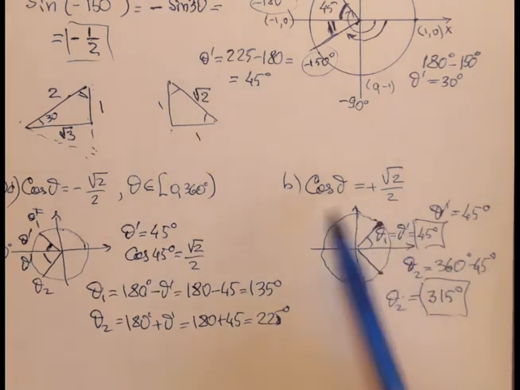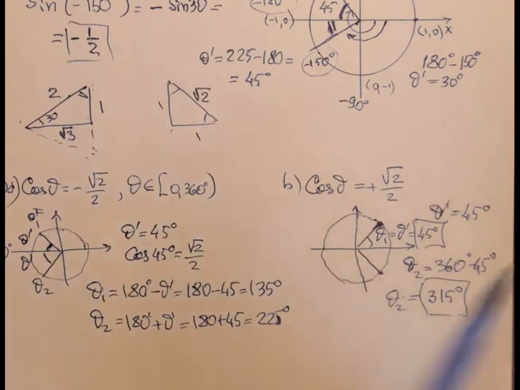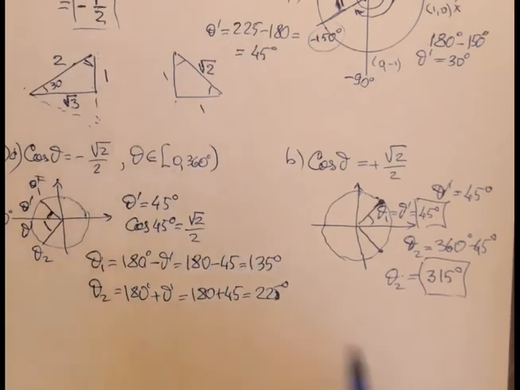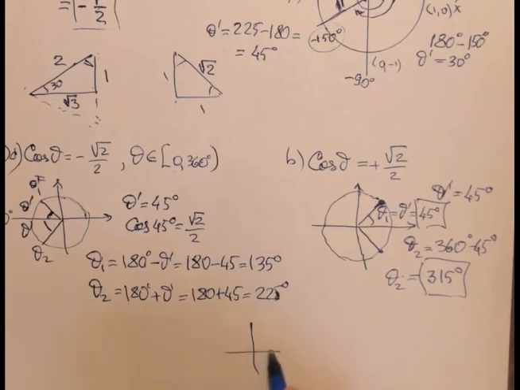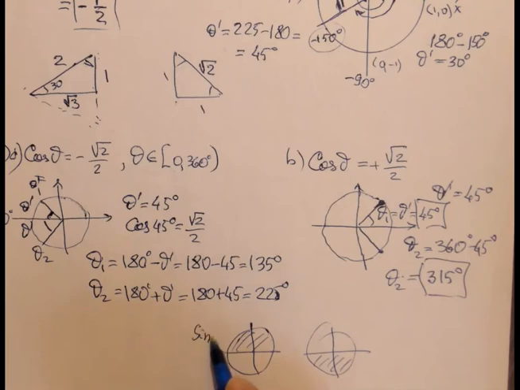So if we solve the equation for sine of theta, then we will consider either the upper half plane or the lower half plane. So here sine theta is positive, and if sine theta is negative, then we will search for two solutions in the lower half plane.